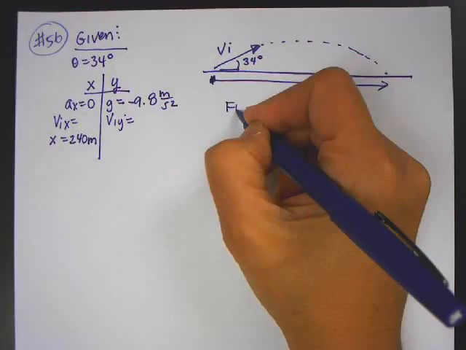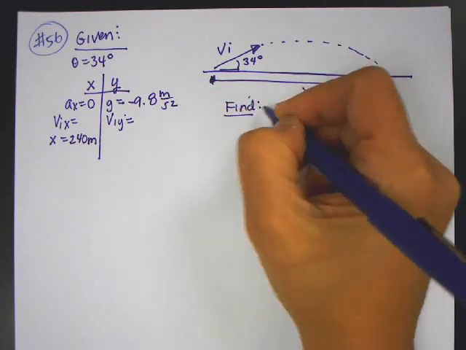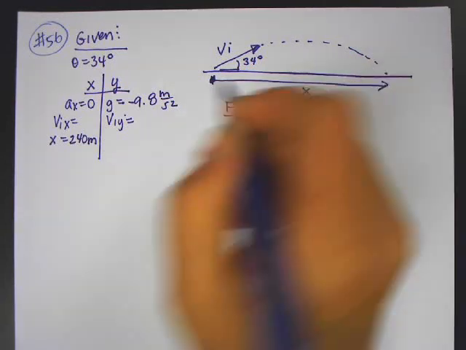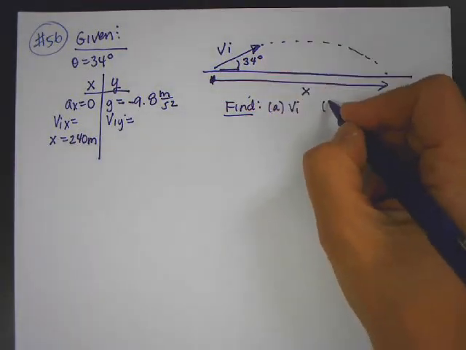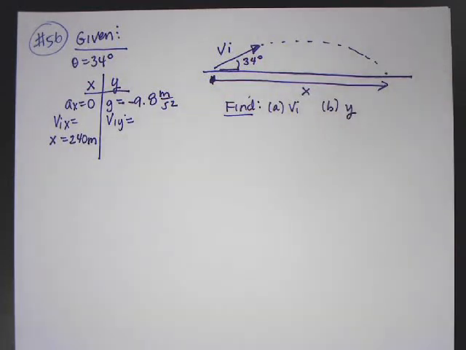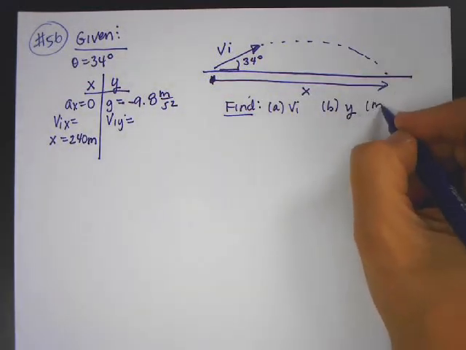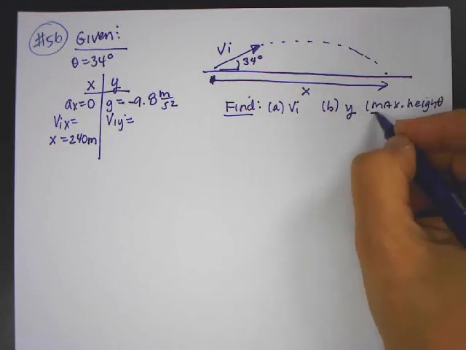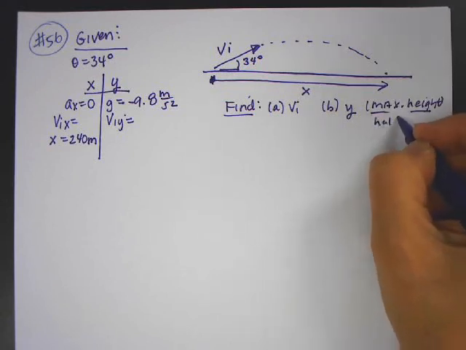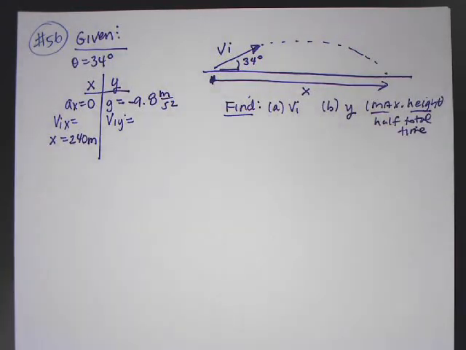So that means that we want to find A, VI. Using the speed determined in item A, find the maximum height reached by the ball. So we want to find Y, which would be the maximum height. And remember, the maximum height occurs in half the total time. So we'll just put that aside for later.